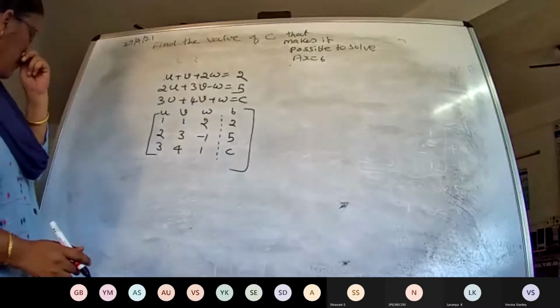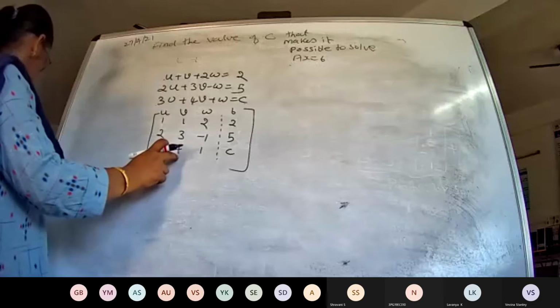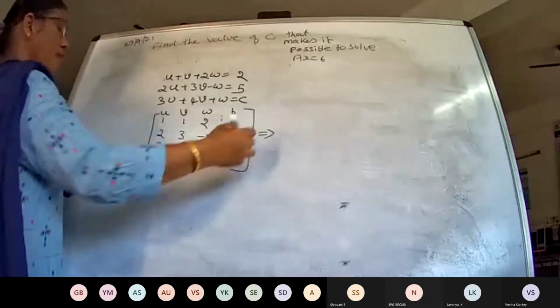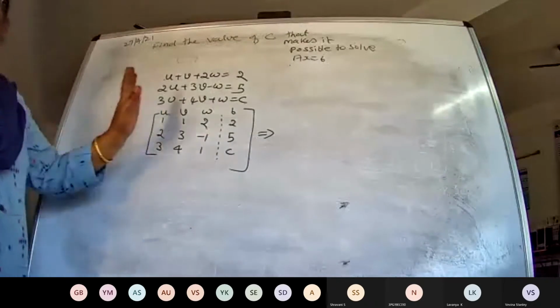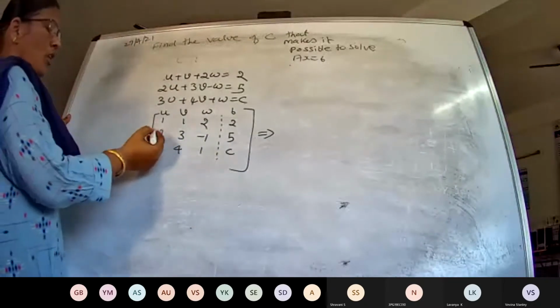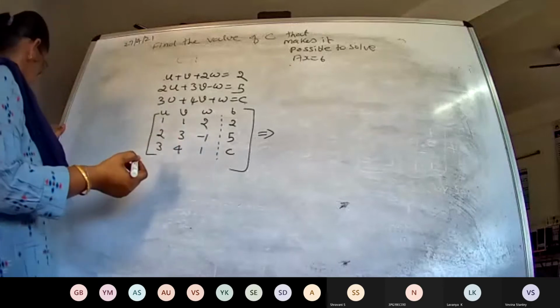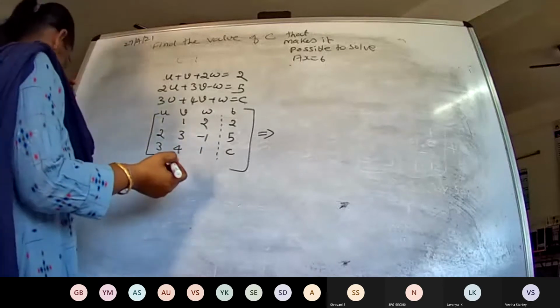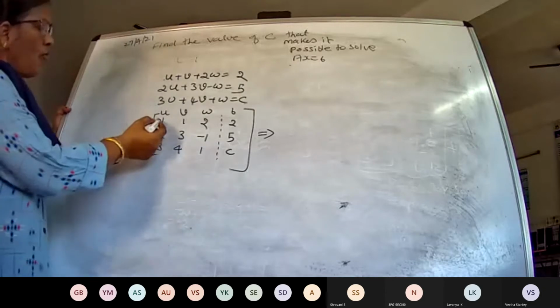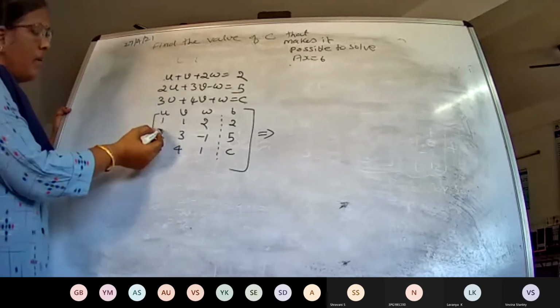Now, if we want to solve this, reduce it to the U form, the echelon form, or later you can reduce it to the row reduced echelon form also. To reduce to echelon form, what is your first step? First row, first non-zero element, right?